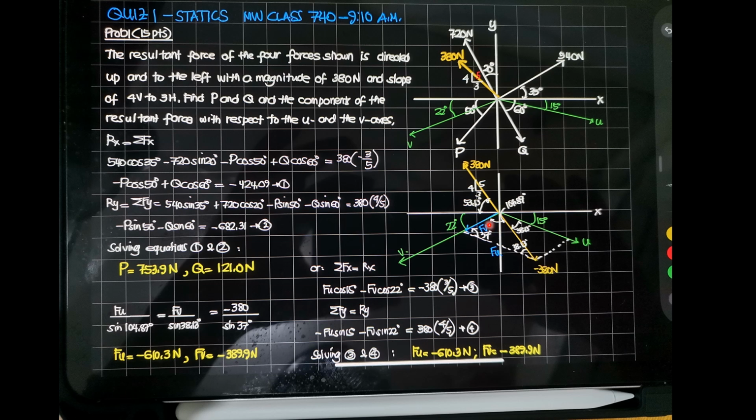Then add it to this angle. The measure of this angle is 90 degrees minus 22, and that is 68 degrees. 68 degrees plus 36.87 degrees would be 104.87 degrees.